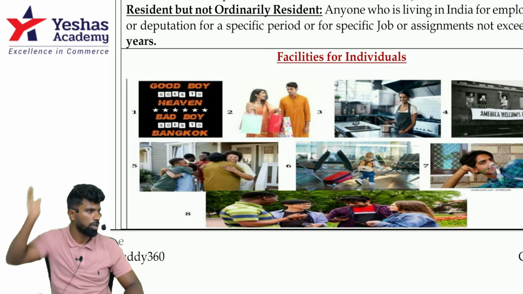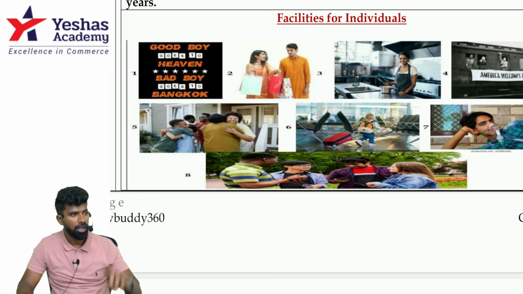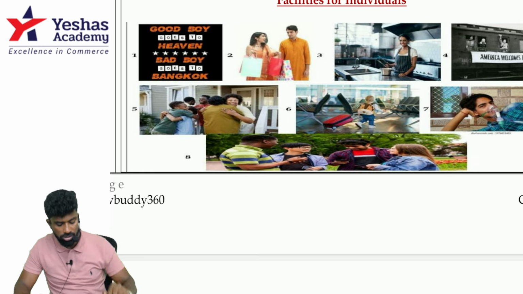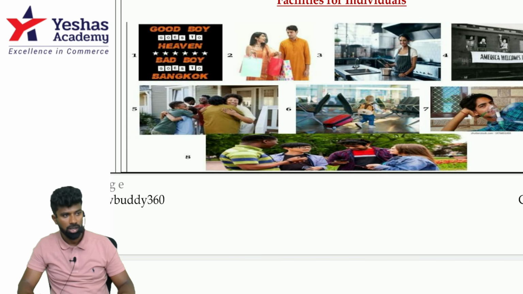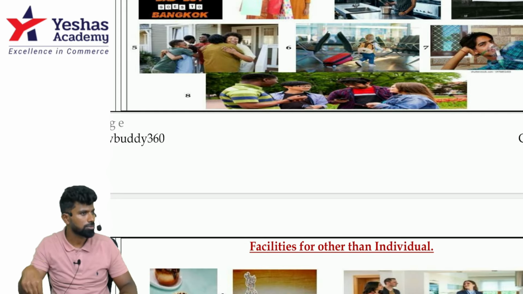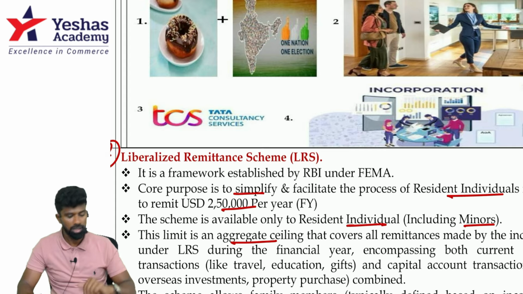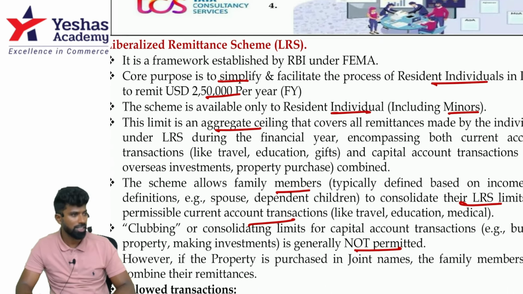Facilities for individual. Going abroad, gift, employment, immigration, close relatives, going abroad on a vacation or a business, medical expenses, and student studies abroad. Donation, second one, real estate, consultancy services, incorporation expenses.